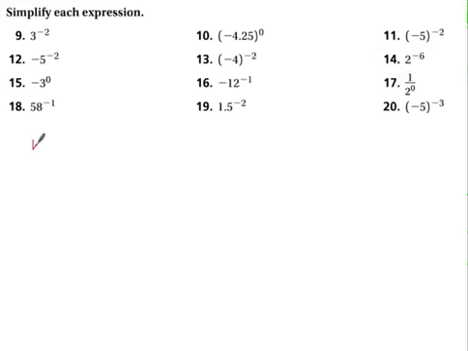Take a look at number 10. We like number 10. I don't really care what's in here because anything raised to the 0 power is 1. So the answer to number 10 is 1. Number 12, it's just a little bit tricky. Notice there are no parentheses.